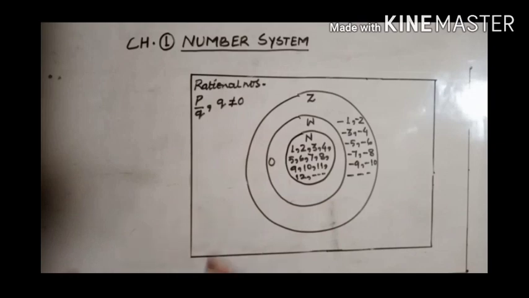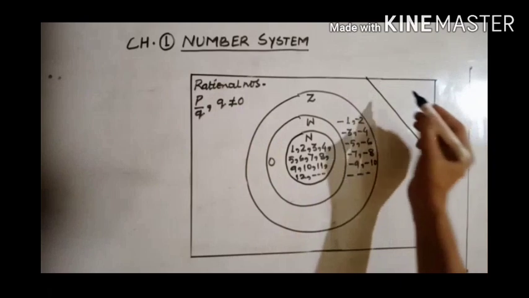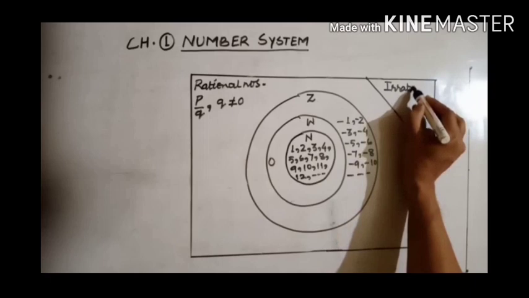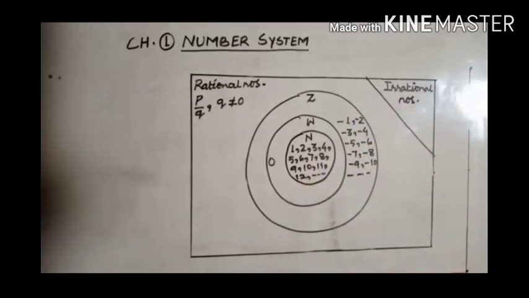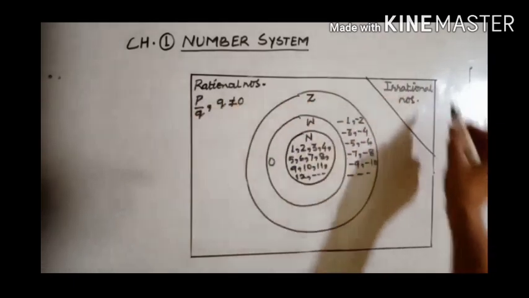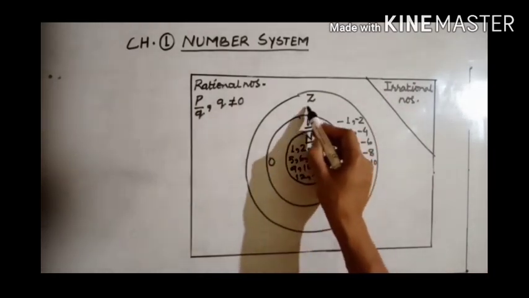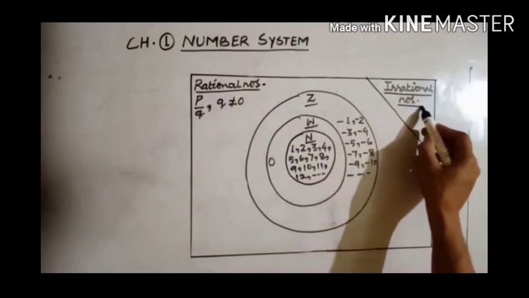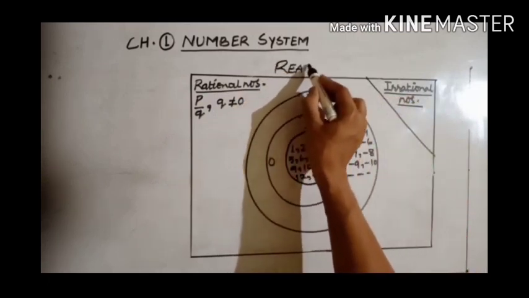And numbers which could not be expressed in the form of p upon q are called irrational numbers. So all these natural numbers, whole numbers, integers, rational numbers, and irrational numbers make real numbers possible.